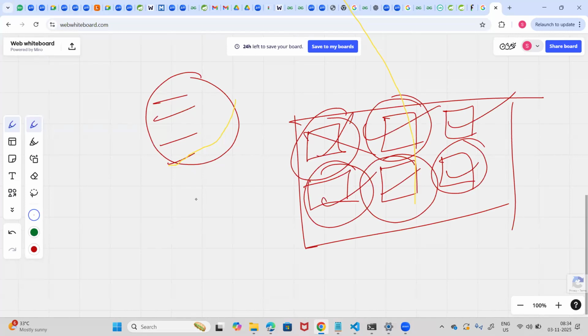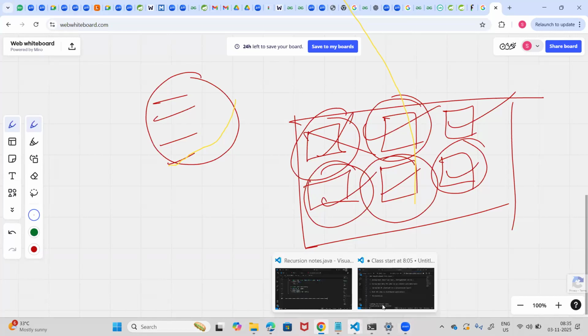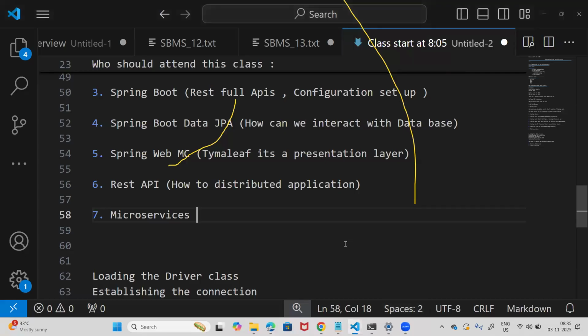So this microservice is a design pattern, guys.